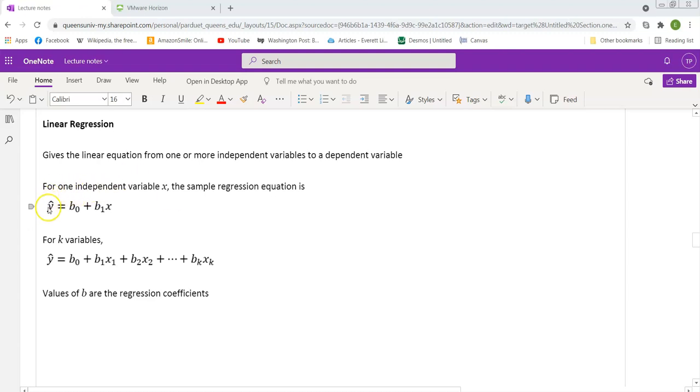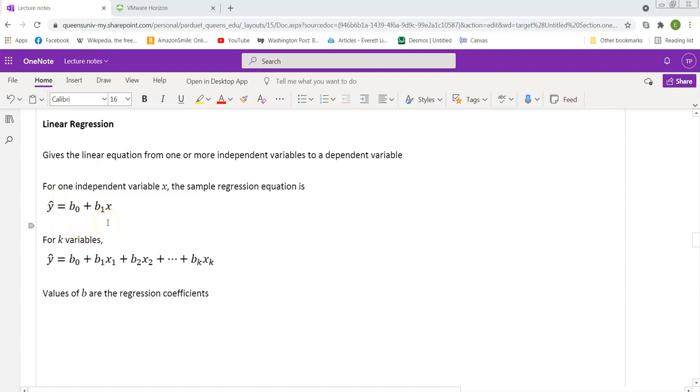This is what tells us that this is the regression line based on sample data. So this is essentially y equals mx plus b, except it's really b plus mx. But b naught is our y-intercept, b1 is our slope. And again, the y hat means that this is on sample data.